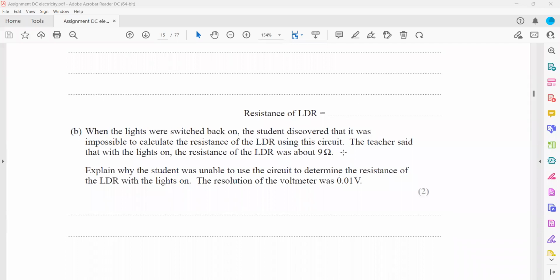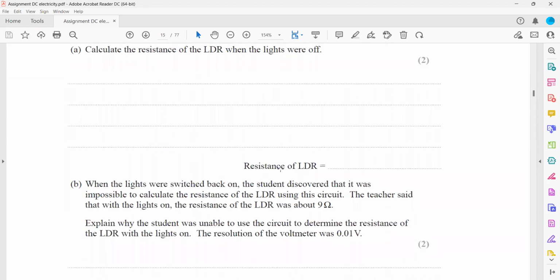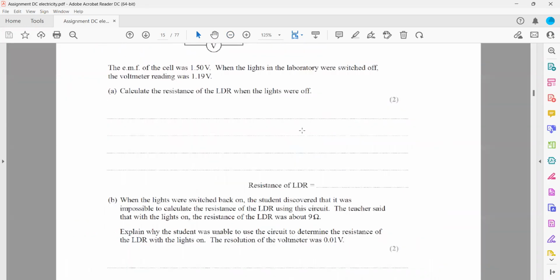The resolution of a voltmeter is 0.01. This is the smallest value which a voltmeter can record. So first we'll find what the voltage across the fixed resistor will be if the lights are on, because when the lights are switched on, the resistance of the LDR is 9 ohm.